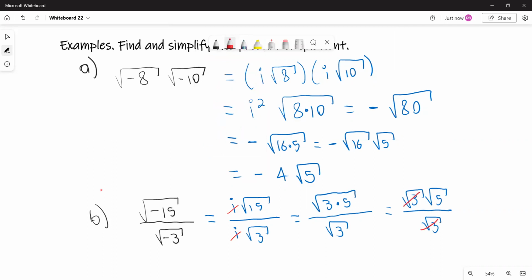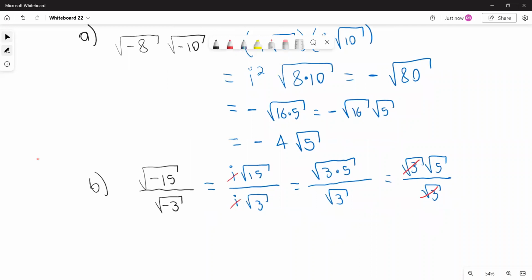And the final answer is going to be the square root of 5. Okay, so let's write the final answer. That's the final answer, the square root of 5. So again, that ended up being a real number.